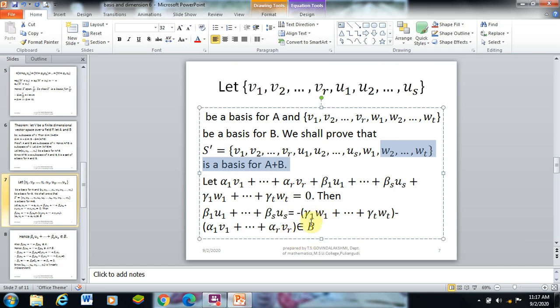That term belongs to B. Here v1 to vr and w1 to wt are a basis for B, so that linear combination belongs to B. So beta 1 u1 to beta s us belongs to B.